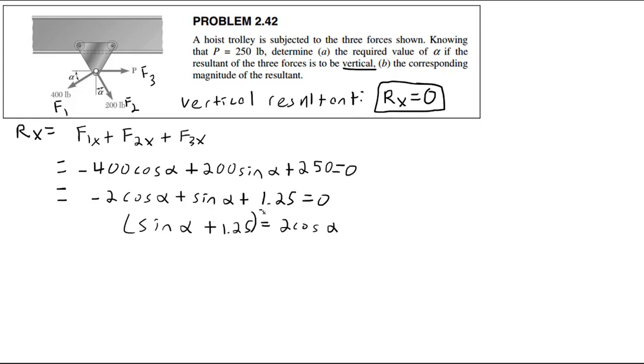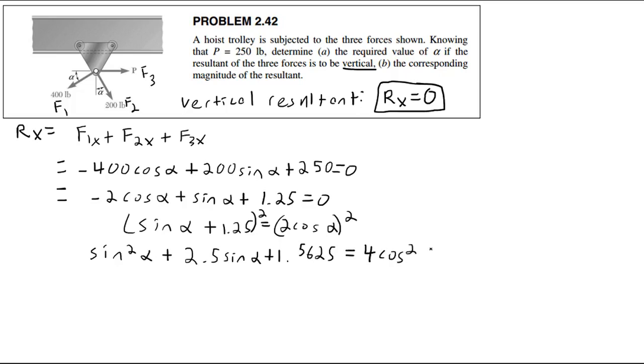And then we can square both sides, and we would end up with sine squared alpha plus 2.5 sine alpha plus 1.5625 equals 4 cosine squared alpha. I can't remember my powers of 1.25.